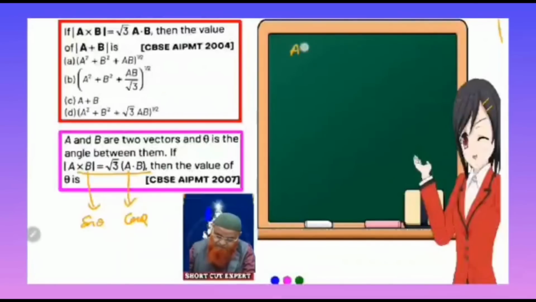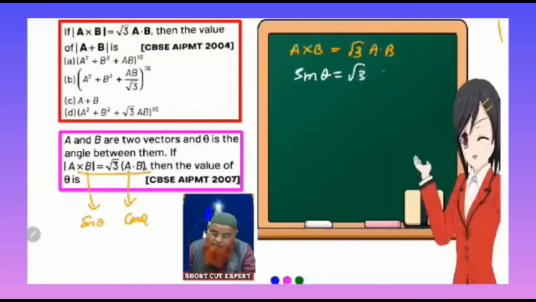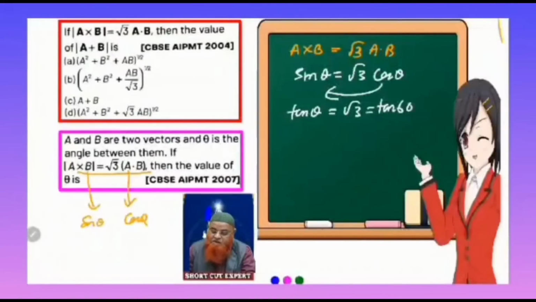So A cross B means you write sin theta, and root 3 times A dot B means you write root 3 cos theta. That's it. You can take this cos theta downwards. You will get tan theta is equal to root 3, which is nothing but tan 60. Now you got theta is equal to 60 degrees. Very easily you got theta is equal to 60 degrees. A super simple method.